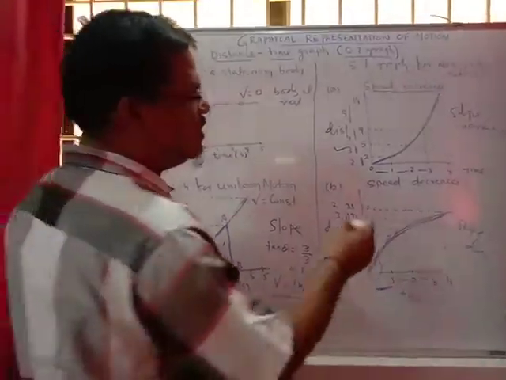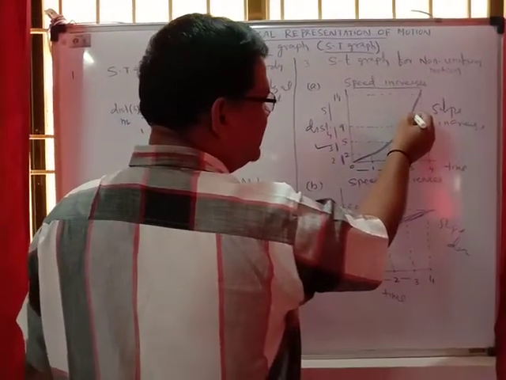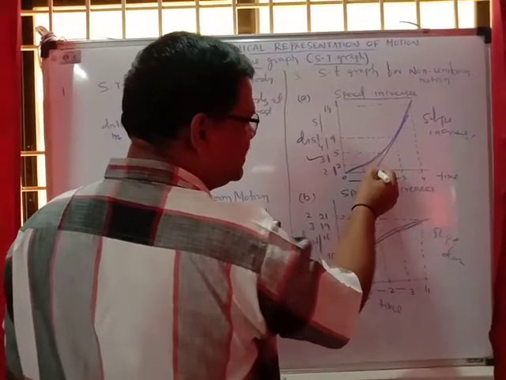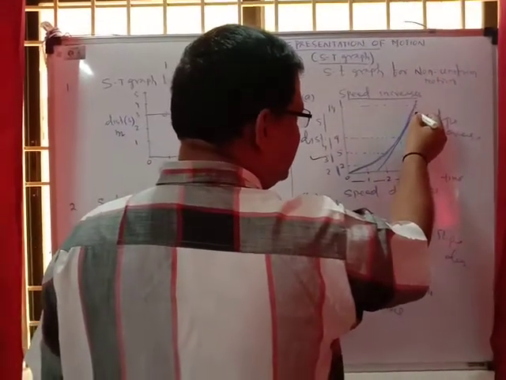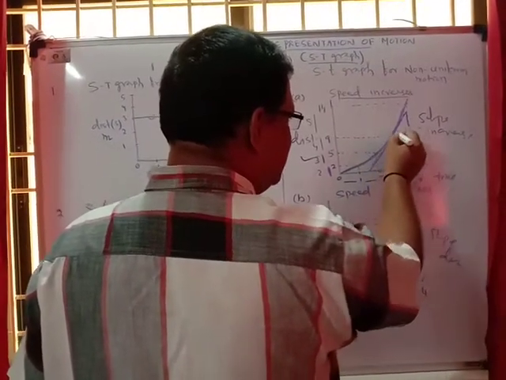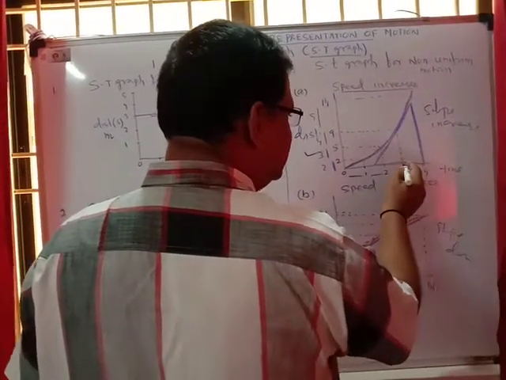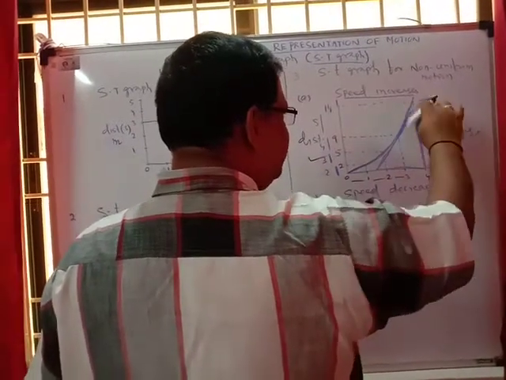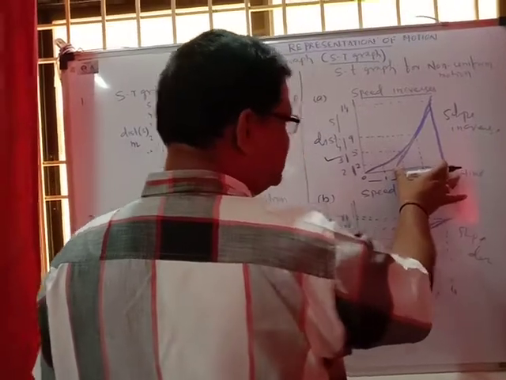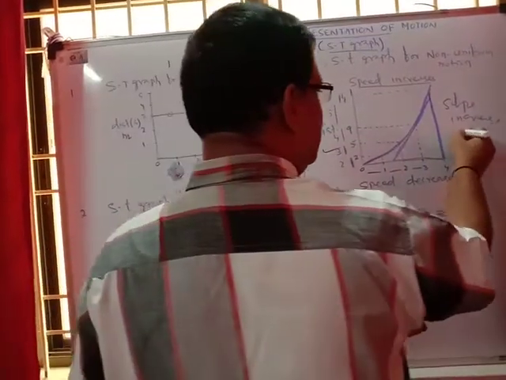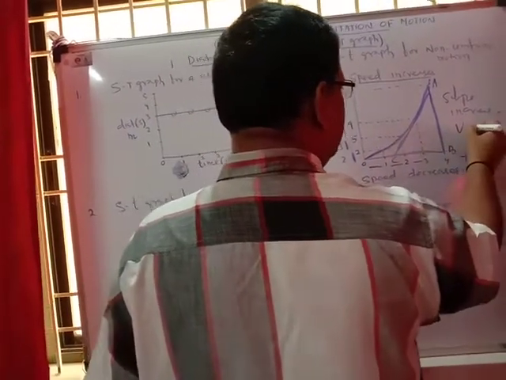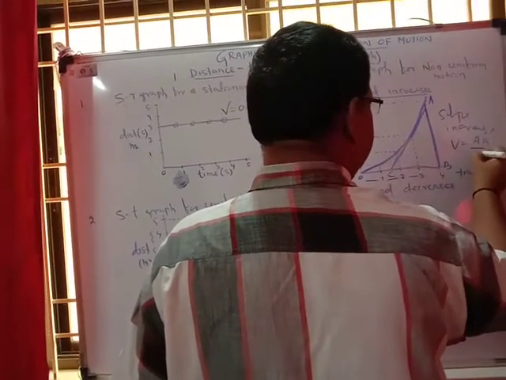In this case, if you want to calculate the slope, what is the speed at that point? You draw a tangent, and from this tangent you make one triangle. Then you calculate this height, and this base also, and if it is A, B, C, the speed will be equal to AB by BC.